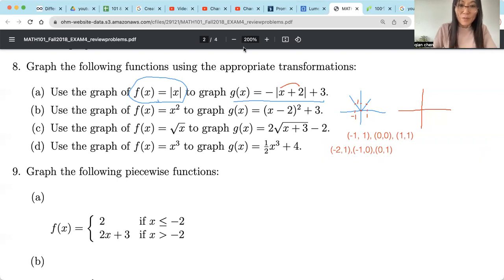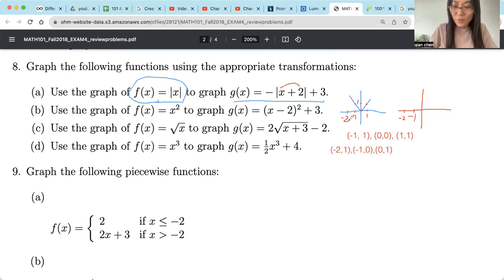So if we graph this one, -1 is here, the x value. Then -2 is here. I can graph on this one since I have a red color.